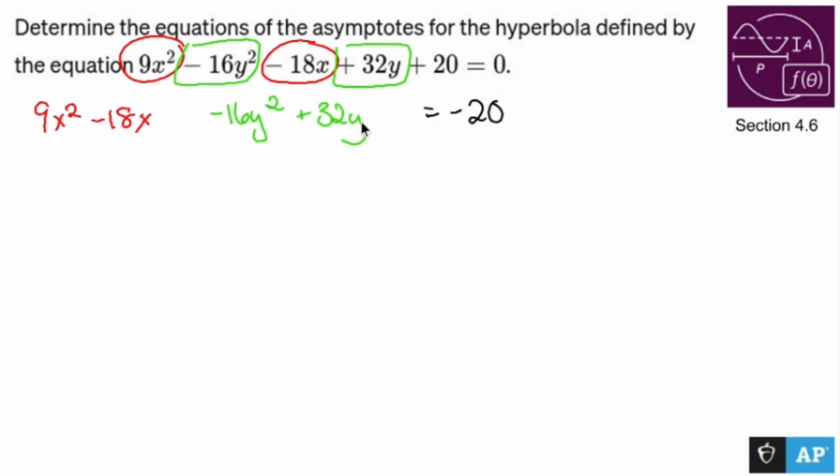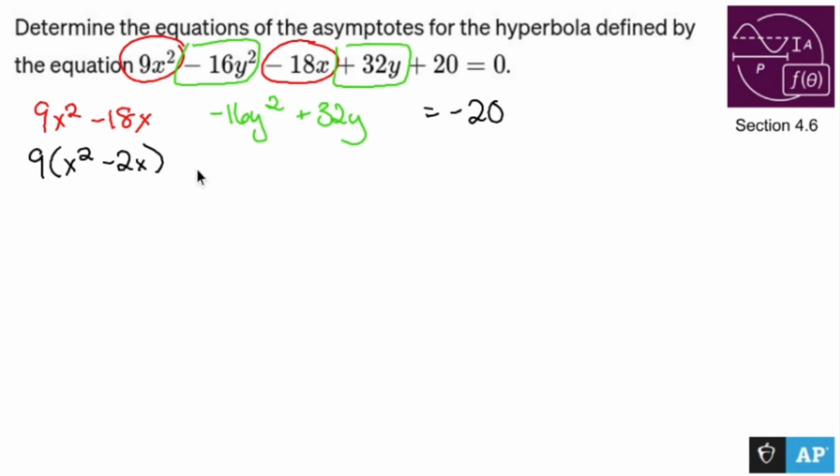Okay, now the first thing that we're going to do in order to make it look like a parentheses over a number is we're going to factor out the 3. So factor out the 3, that leaves you with x squared minus 6x. Okay, now we're going to factor out the negative 16.